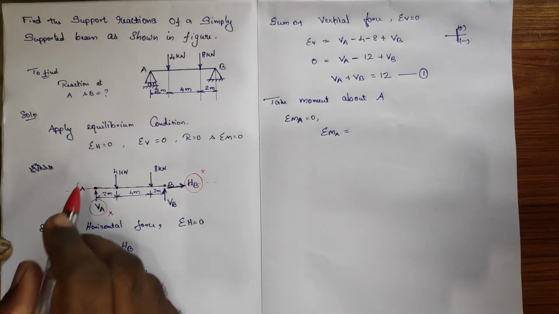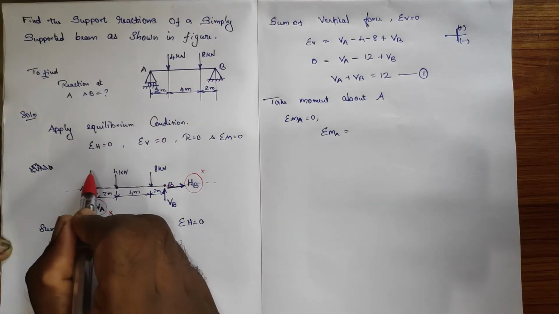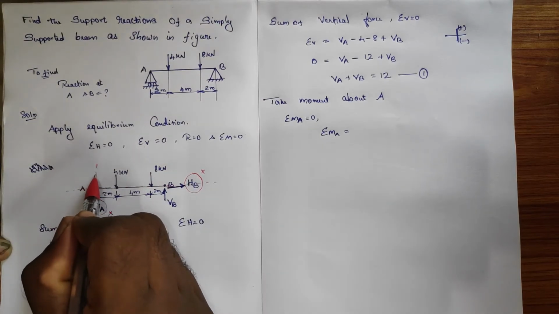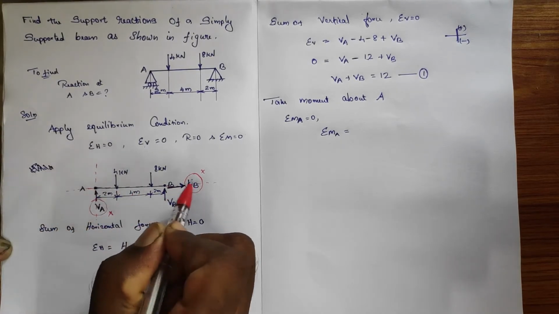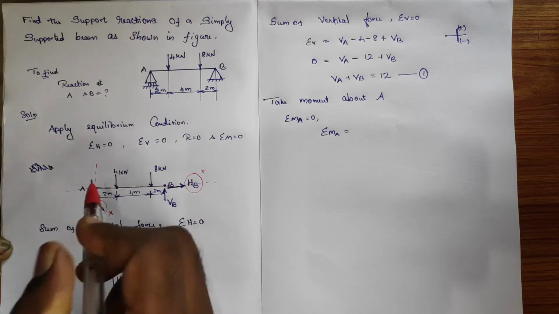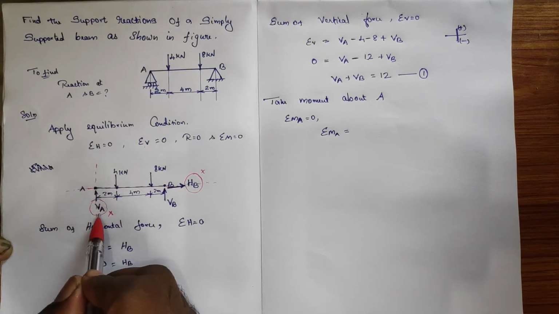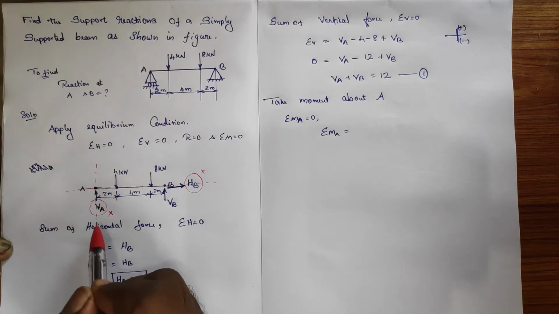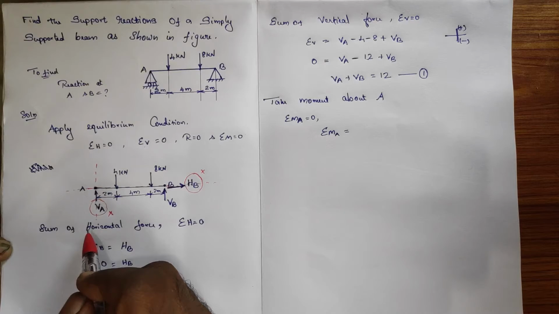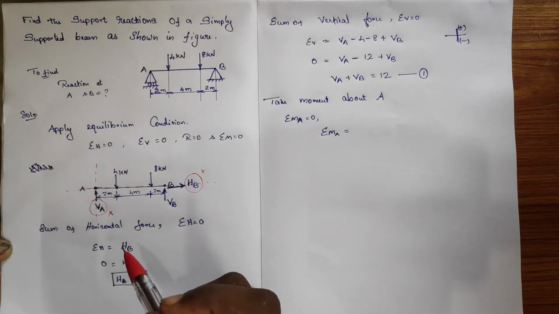Okay, fine. So an easy way is, if you are taking the moment about A, just draw a cross line, one vertical line and one horizontal line. What are the forces coming into those particular lines, either horizontal or vertical? You can neglect them. Definitely that particular force will not have a perpendicular distance.